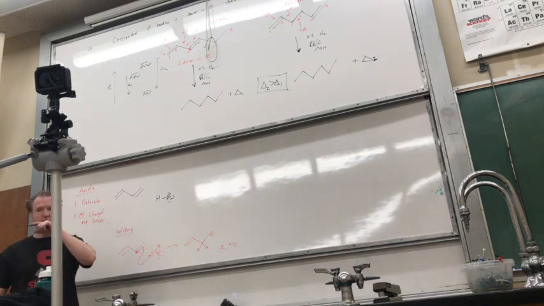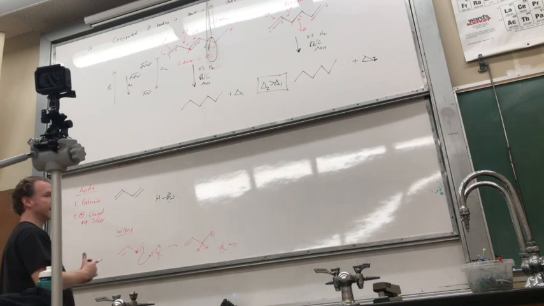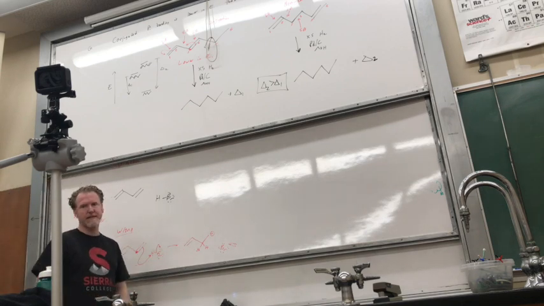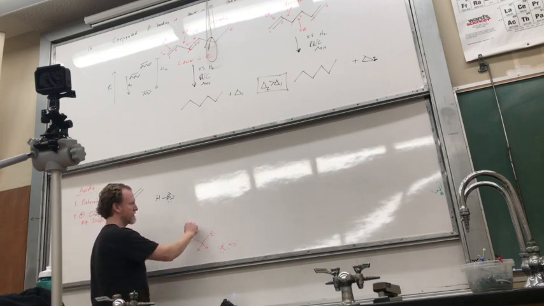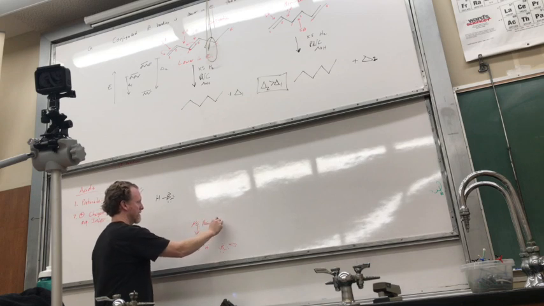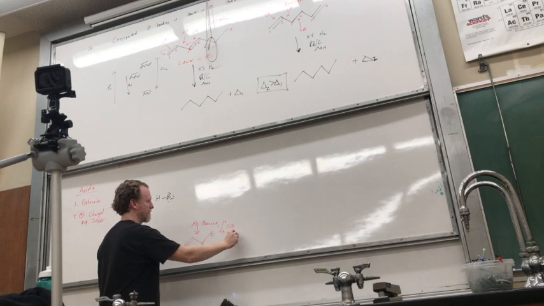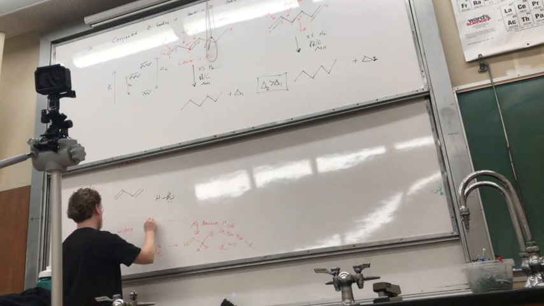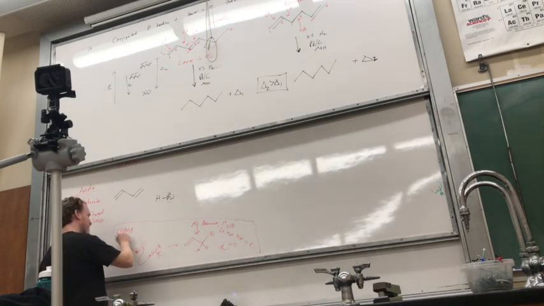And we know primary carbocations are very high energy. But we did learn today that, oh, if they have resonance, they can form. Does this one have resonance? No, no resonance. Primary carbocation, too high in energy to form. So that is wrong.